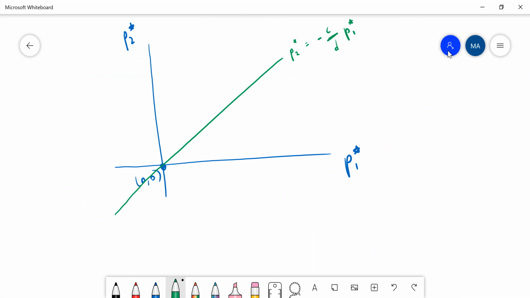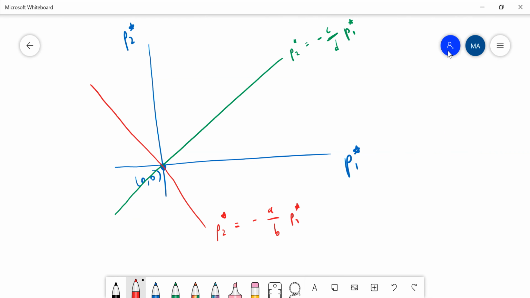Okay. And let's say this is P2* equals minus A over B P1*.